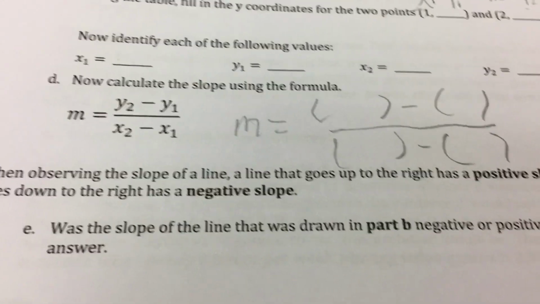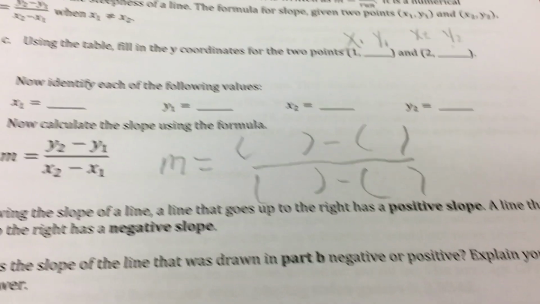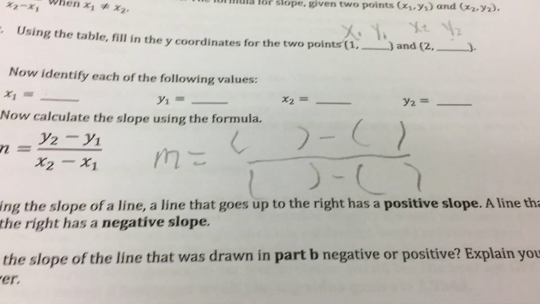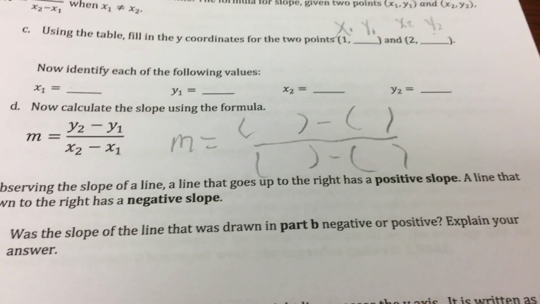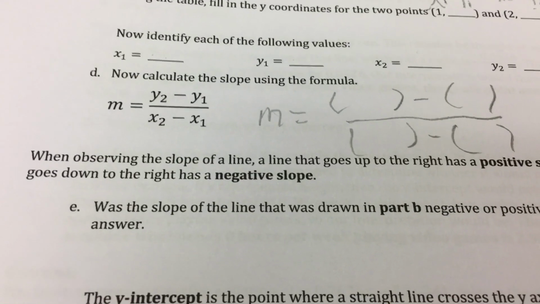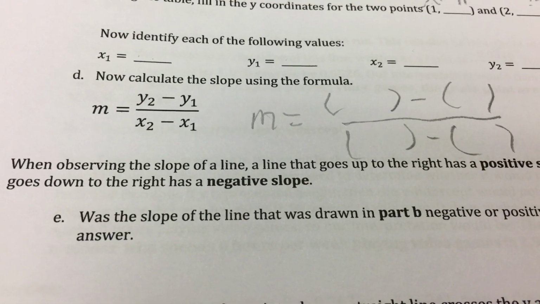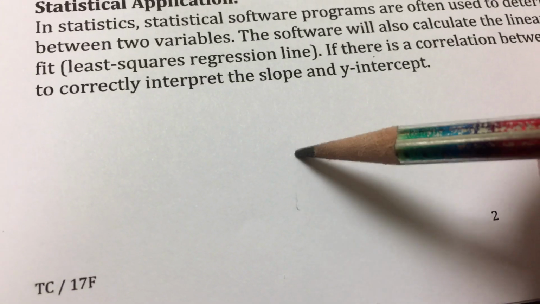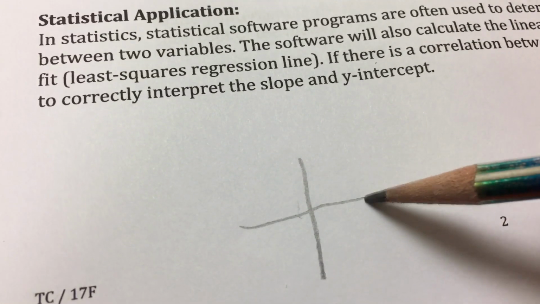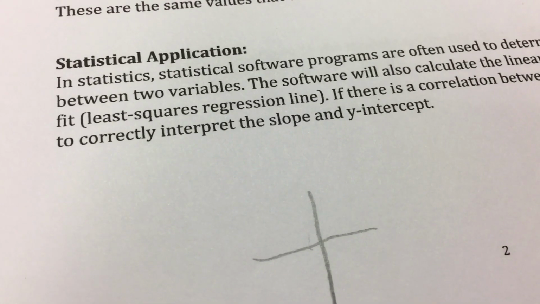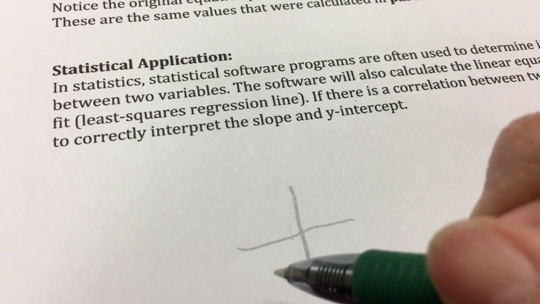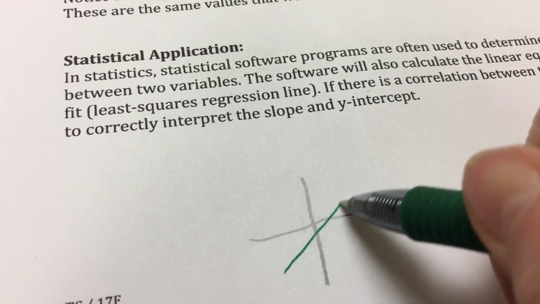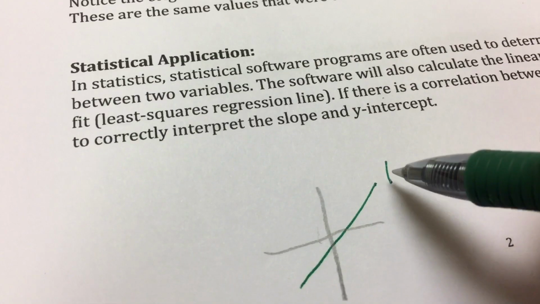Now notice, when observing the slope, a line that goes up to the right has a positive slope, and a line that goes down to the right has a negative slope. So let me sketch a little picture here of what I'm talking about. If you have an axis like this, and then you have a line that goes from here to here, that is positive slope.